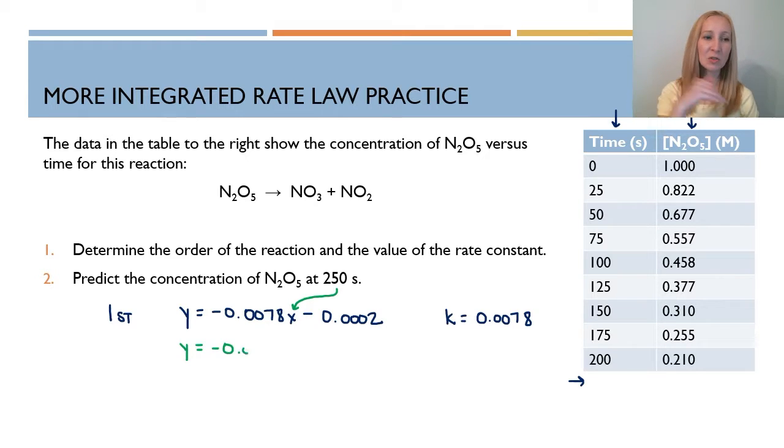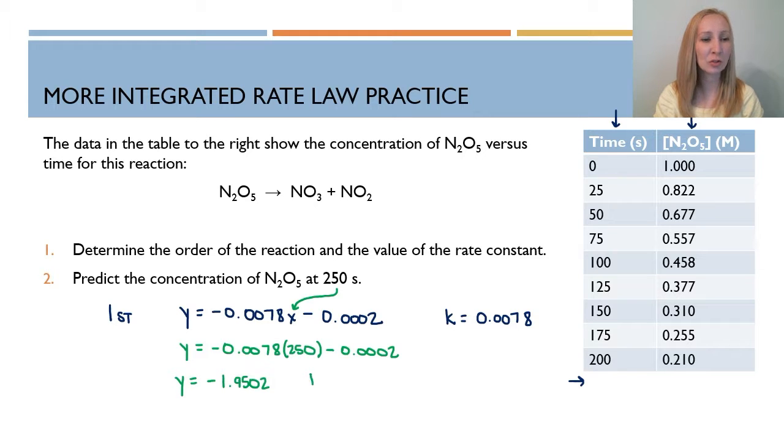Now I'm going to substitute in the 250 seconds, and I get y equals negative 0.0078 times 250 minus 0.0002. I'm going to multiply all this out, and y is going to equal negative 1.9502.